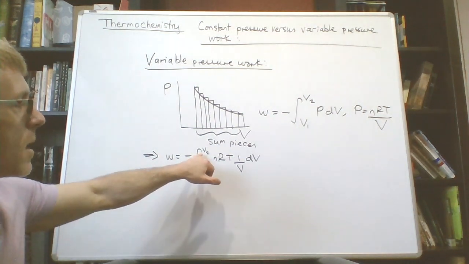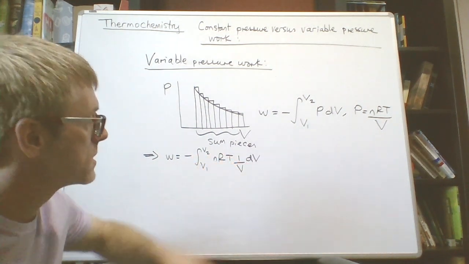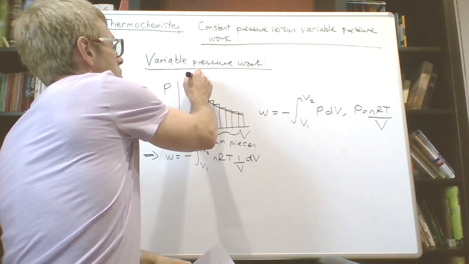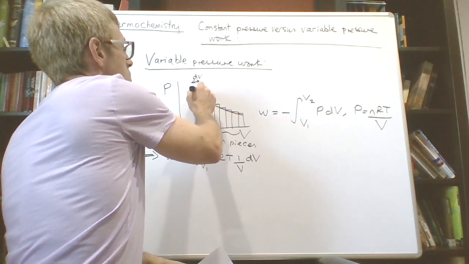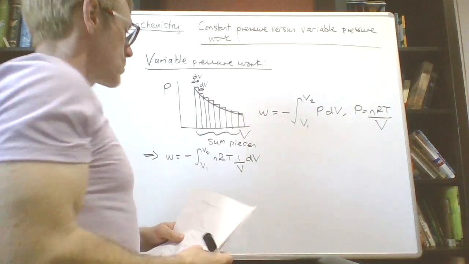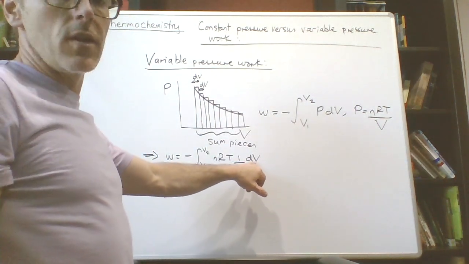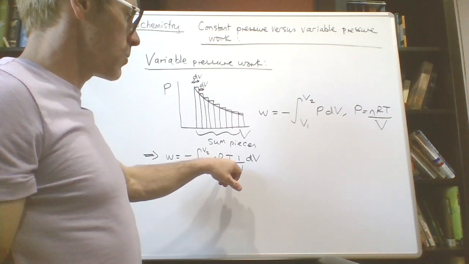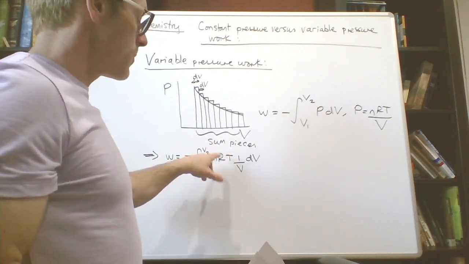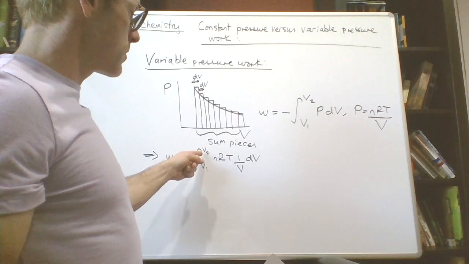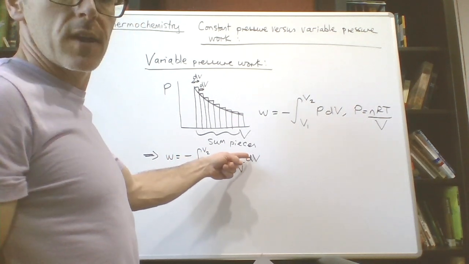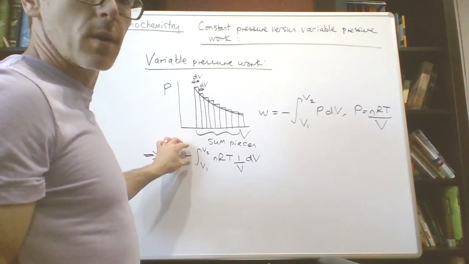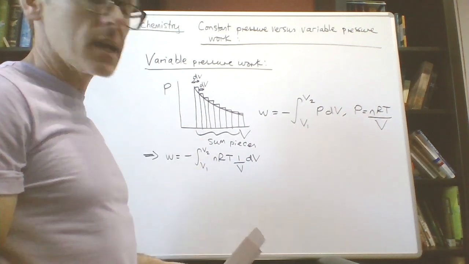And the sum, we're only summing over differences, right? So this is a difference. Each one of these is a dV. Next one is also a dV. So we're only summing over changes in volume. We're not summing moles, we're not summing R, we're not summing T. So just to clear up so that the sum has direct access to the thing that it's summing over, it's a convention to take the constants that don't apply to the sum to the left side of the sum.